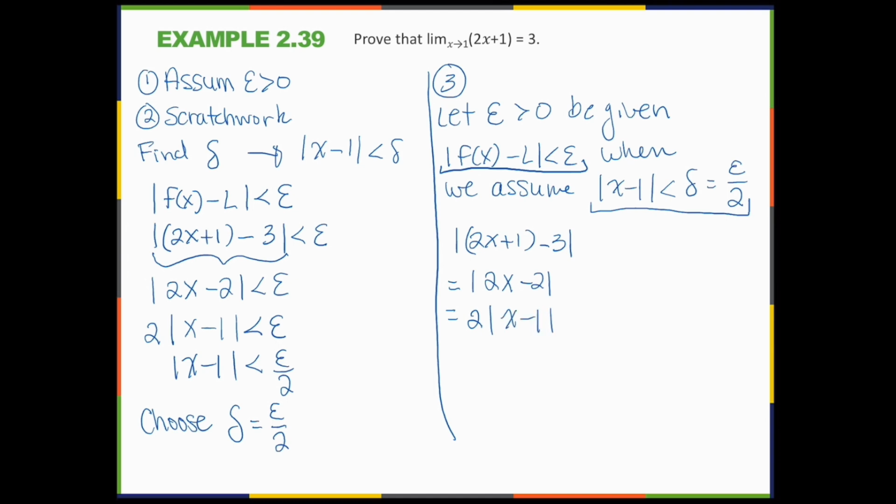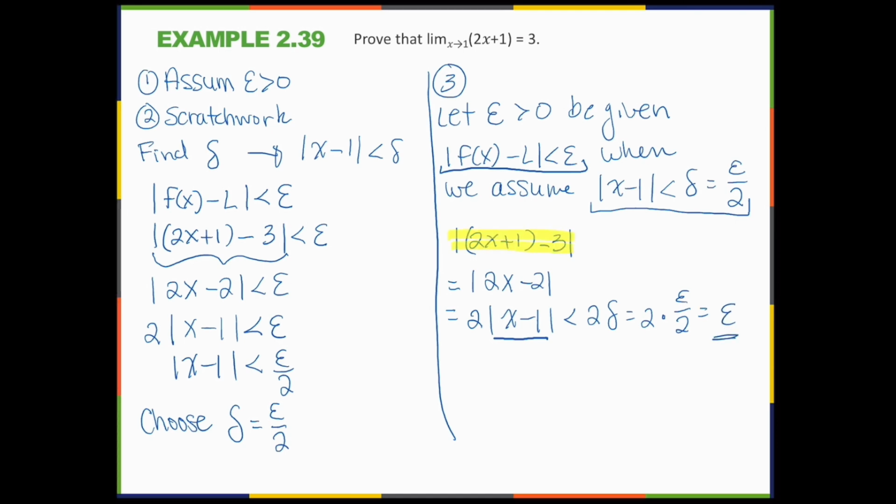Now, because I know that |x - 1| is less than delta, which is epsilon over 2, I know that 2 times |x - 1| has to be less than 2 times delta, which is the same thing as saying 2 times epsilon over 2. And when I cross off the 2's, I get epsilon.